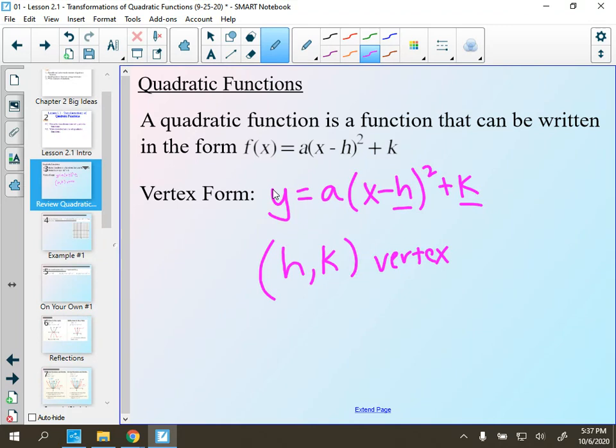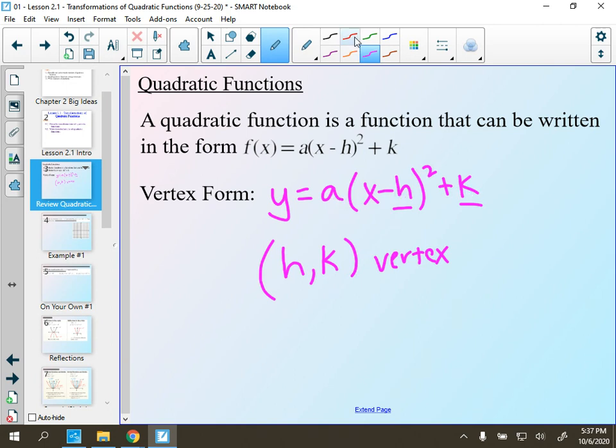It's going to be very helpful with graphing and identifying the vertex, which is one of the key features of a quadratic graph.